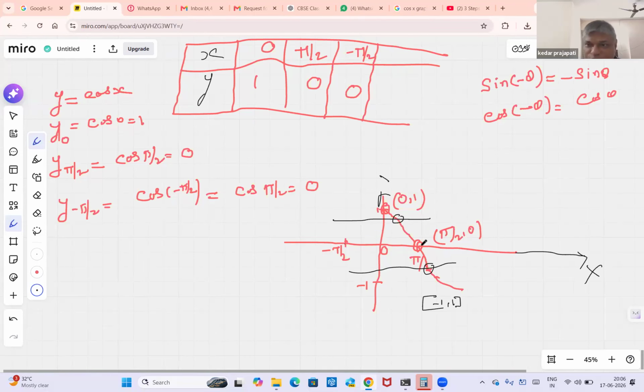So far, this is the y equal to cos x graph. Our main intention is to draw y equal to cos inverse x. Right? Any doubt is there? No, sir.